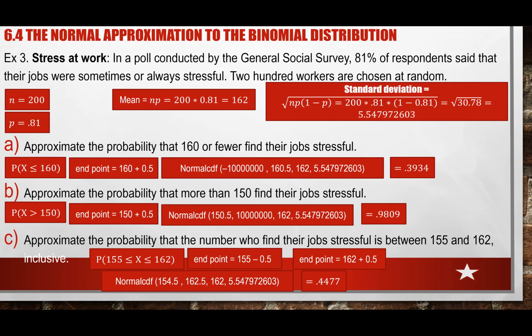Any questions with example 3? Questions on how I find the answer, or how I find the endpoint, or anything? How do you find the normal CDF again on the calculator? You hit second VARS, the button next to the clear button.